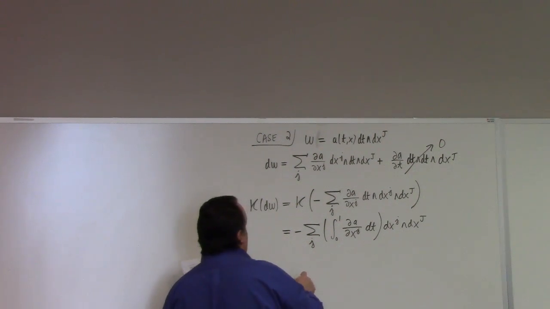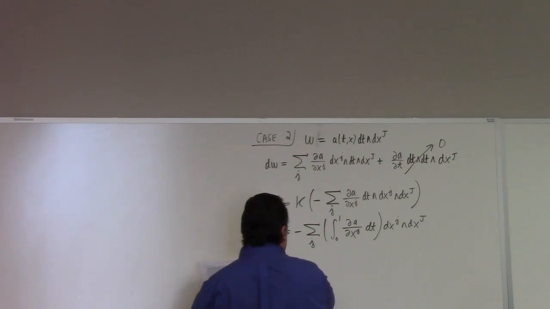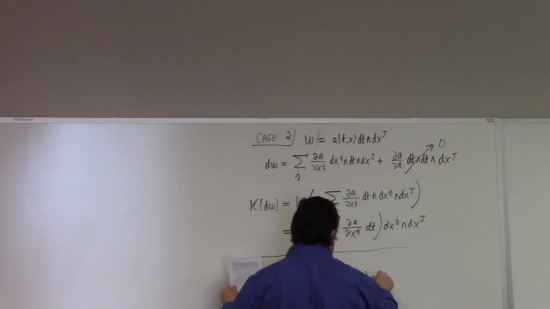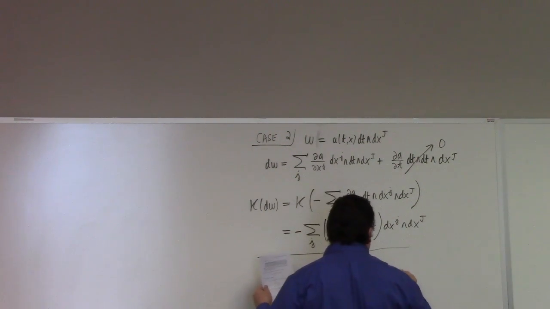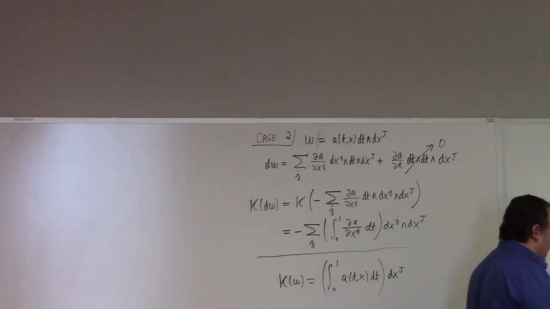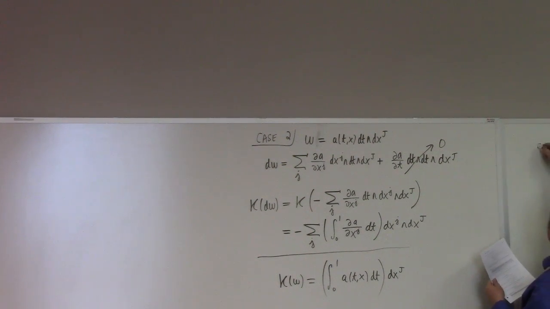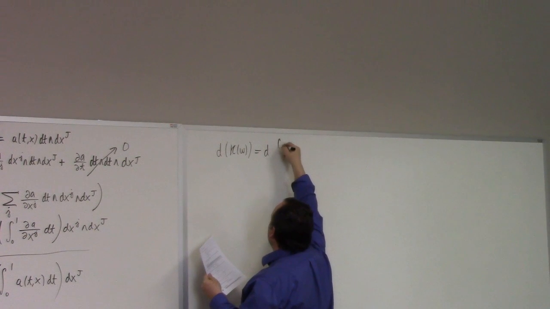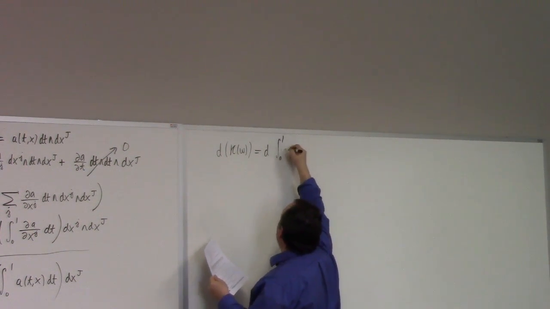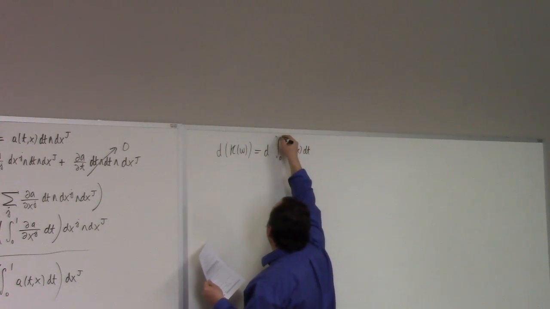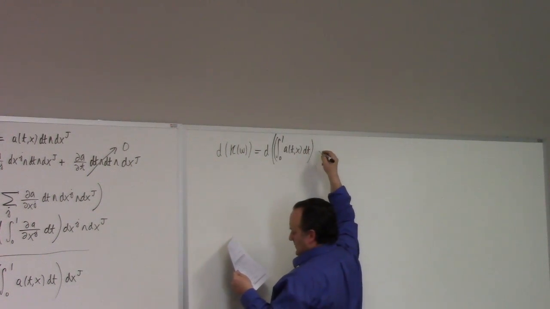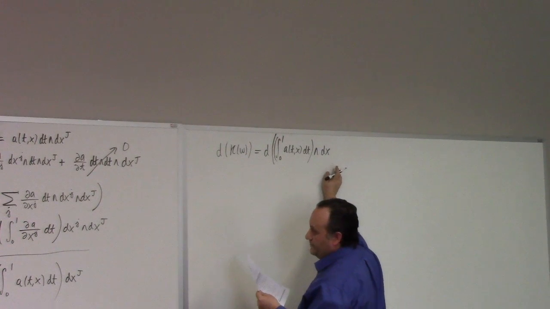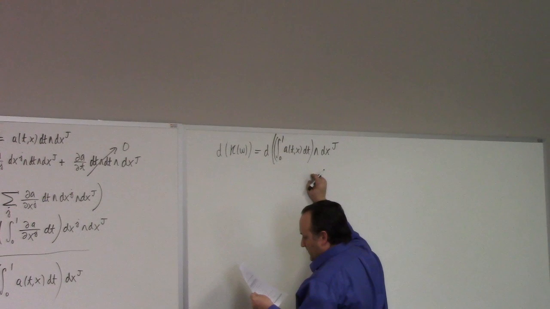So first I need to, what is k of omega here? k of omega is the integral from 0 to 1 of a of t comma x dt, dx big J. So then the differential of k of omega is the differential of the integral from 0 to 1, a of t comma x dt, wedged with, of course, dx big J. All right. So there's two pieces there.